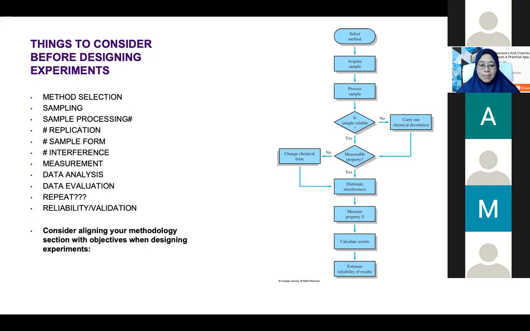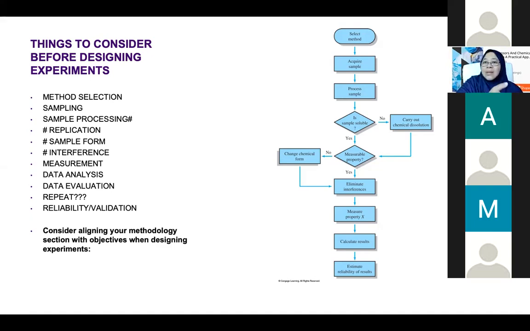Another example: let's say you have developed a new method to detect glucose. How do you know that you have done a good job? Let's say you have a sample and you have tested it with your method. The same sample you send to be analysed using a validated technique, and you compare the results.